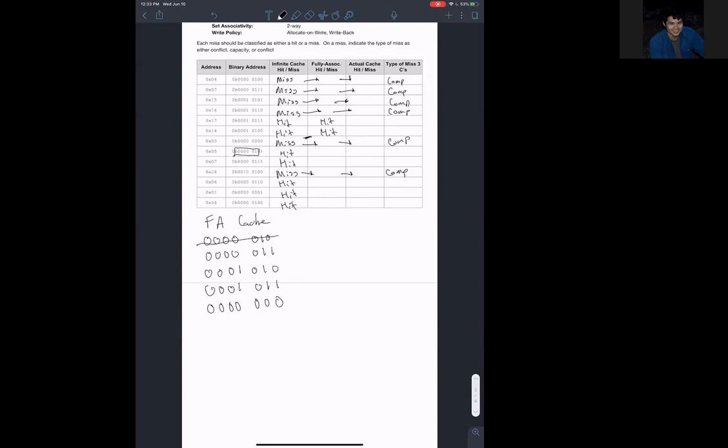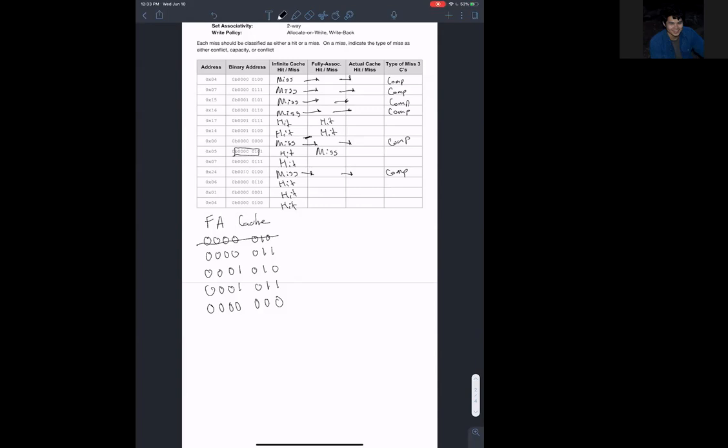Since we didn't have enough space for that first address 0x04 and it had to be evicted, we now have a cache miss on address 0x05. And then since we had a miss, what do we have to do next? Yep, kick out the LRU and replace it.